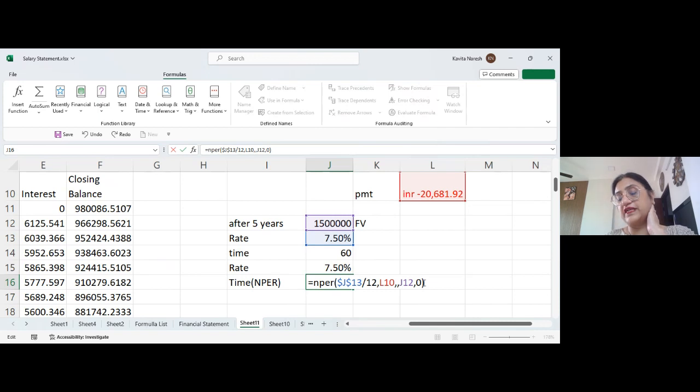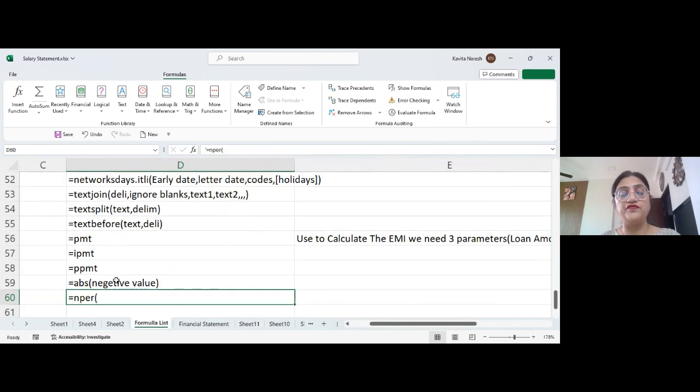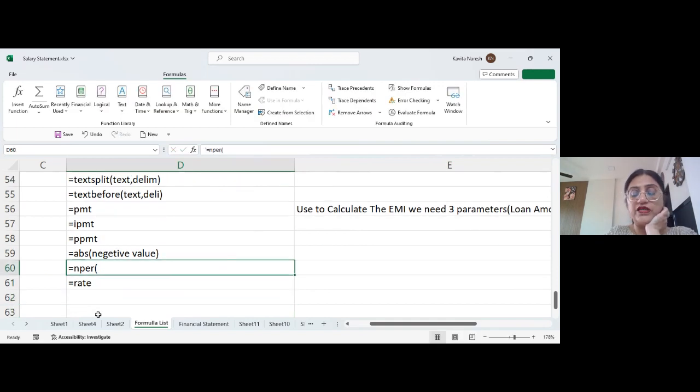And then comma 0. See, you will get 60 months. So you can cross check it in this way. So we learned again the important formulas. First is PMT, second IPMT, third PPMT and ABS, then NPER and RATE. We learned these, so please do it.